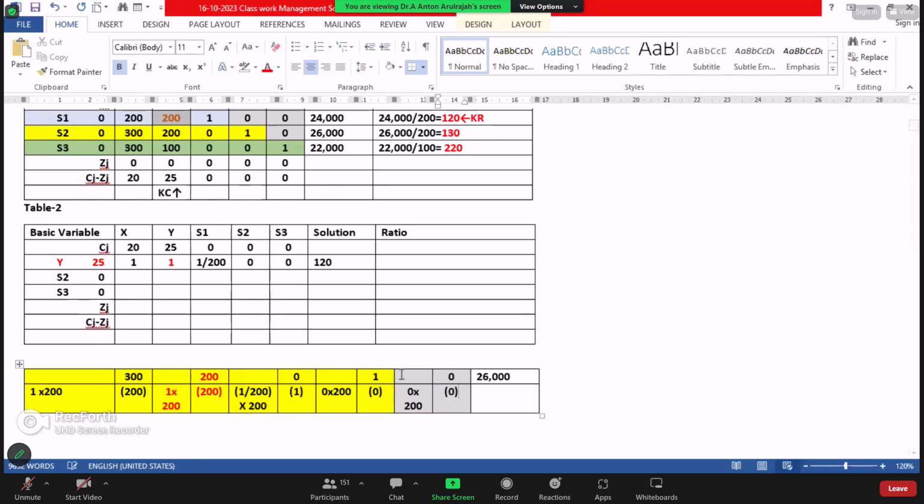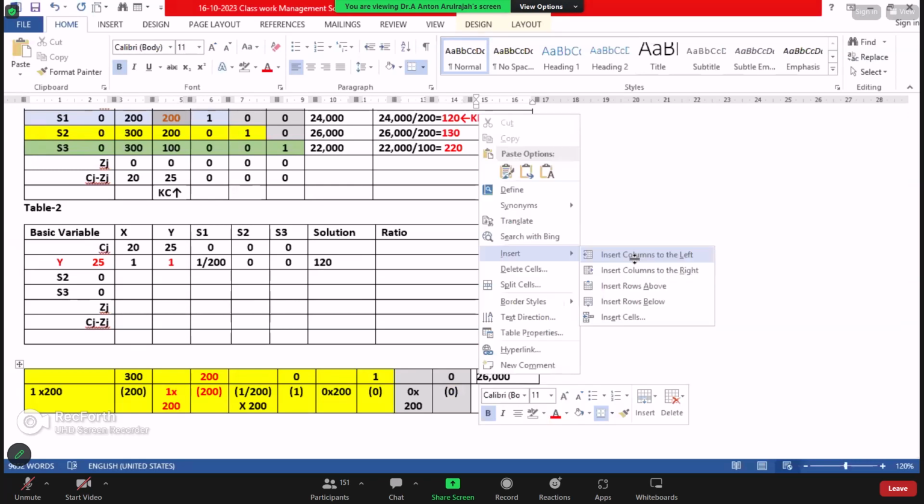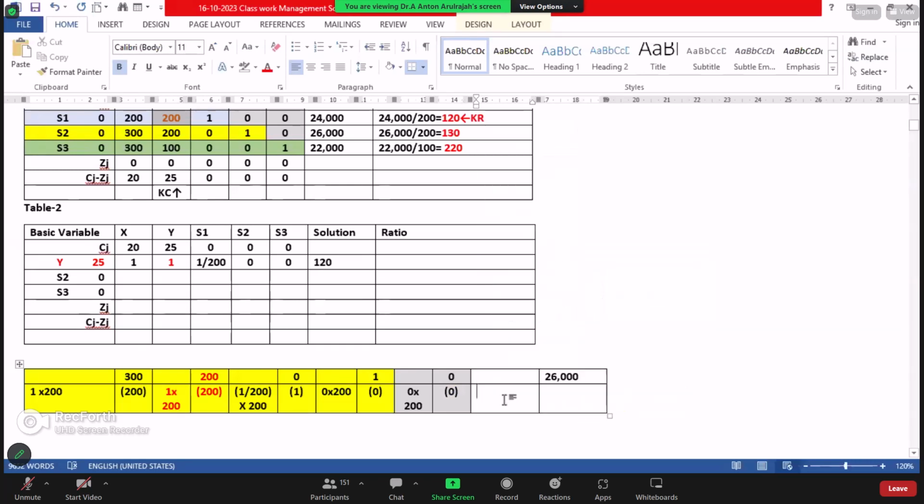This 120 also has to be multiplied by 200. So how much is that? 120 multiplied by 200 is 24,000.